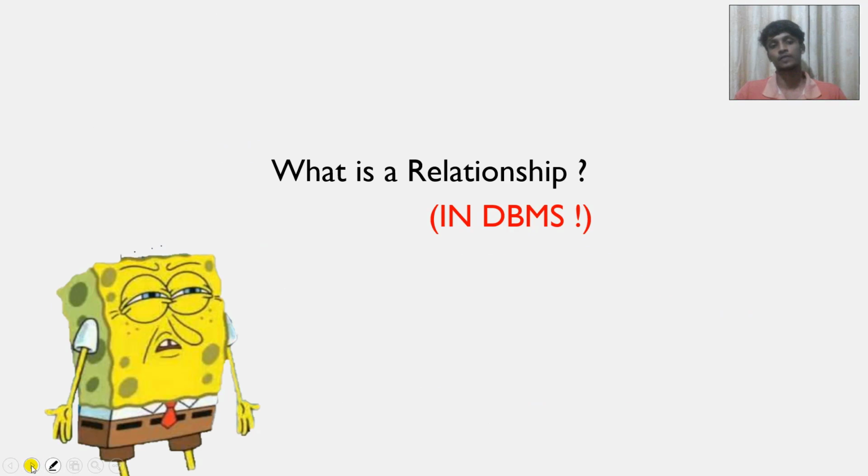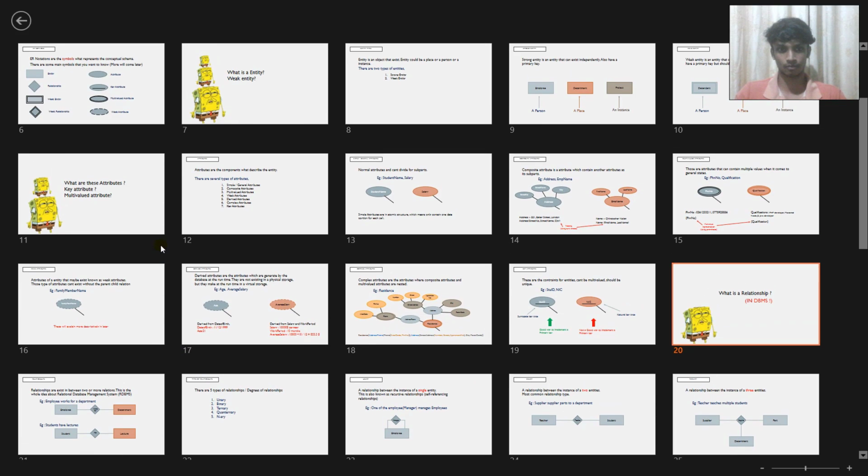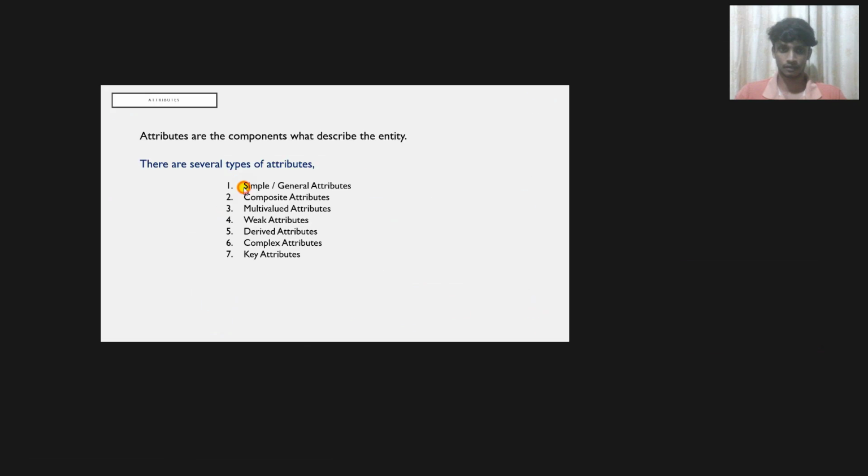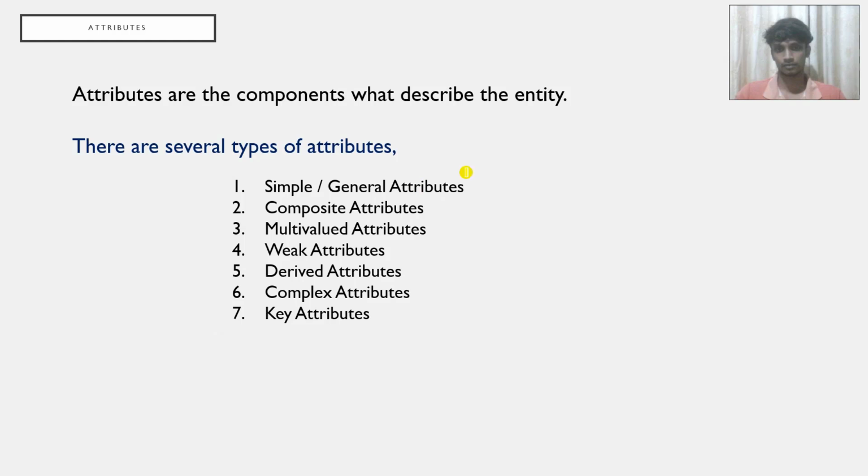Okay, so those are the attributes that we are going to find in the ER diagram. The first one we discussed was simple and generic attributes. Then we discussed composite attributes, which are a collection of simple attributes, and multi-valued attributes.